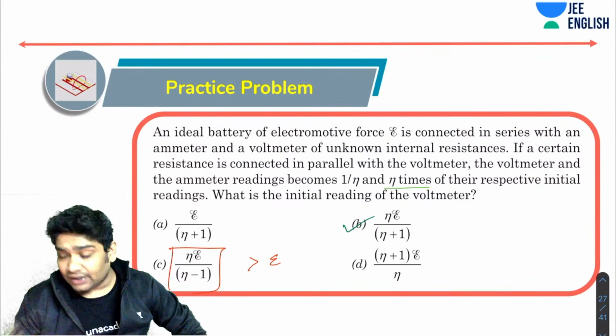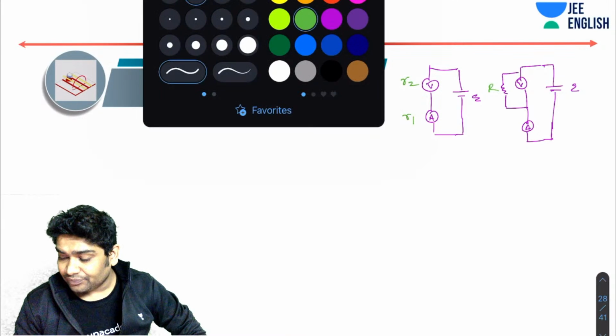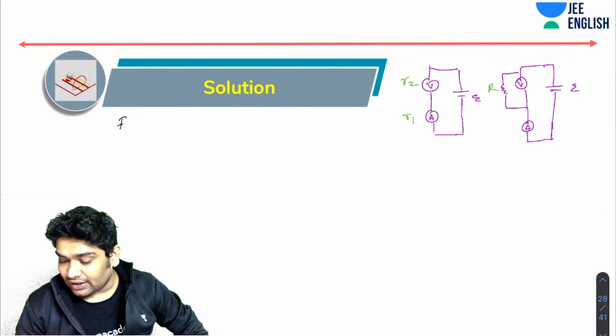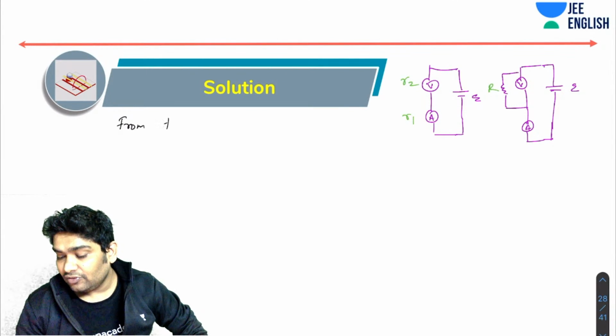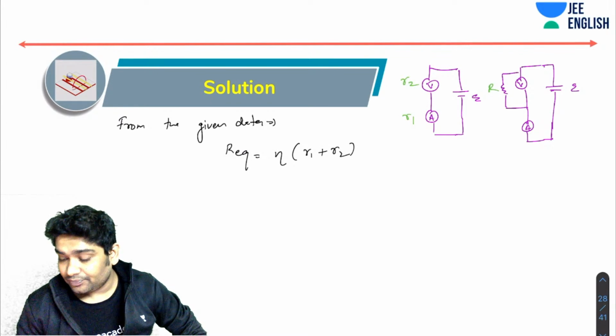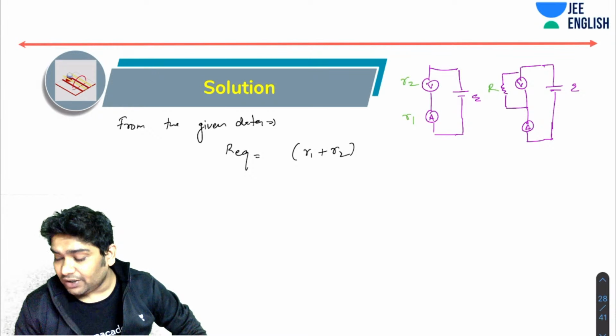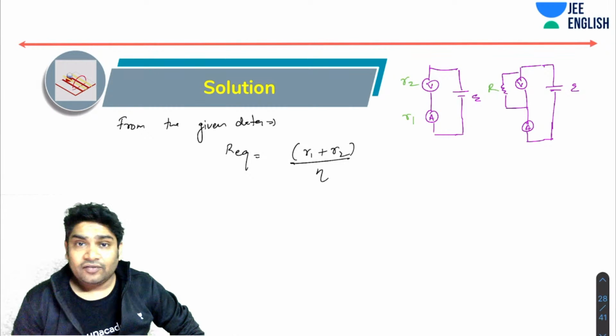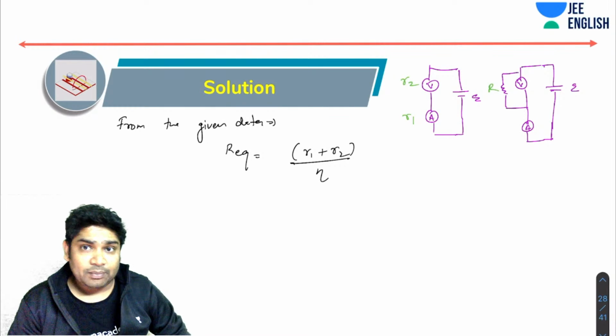So if the ammeter reading becomes eta times, what can I say from the given data? R equivalent would be 1 by eta times (R1 plus R2). So the equivalent resistance must be dropping by a factor of eta. That is why the current is going up by a factor of eta, correct?